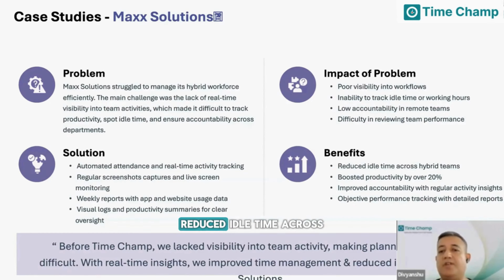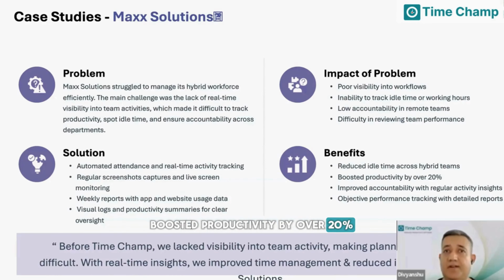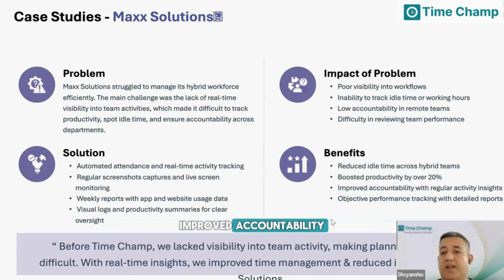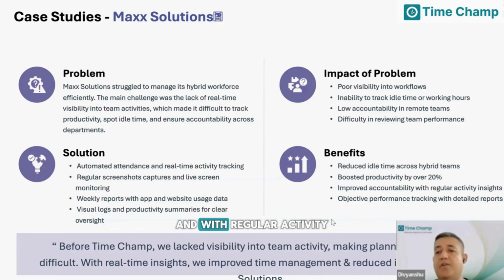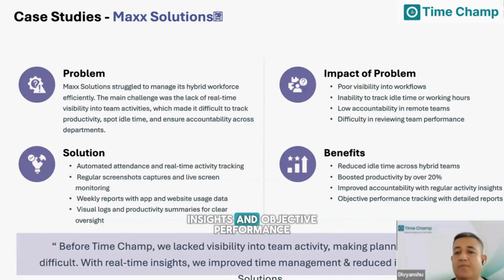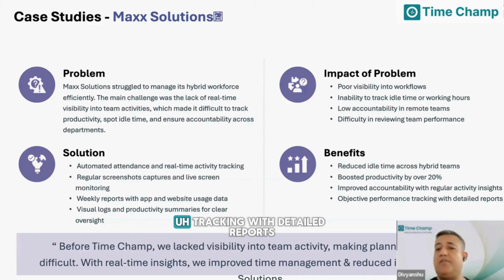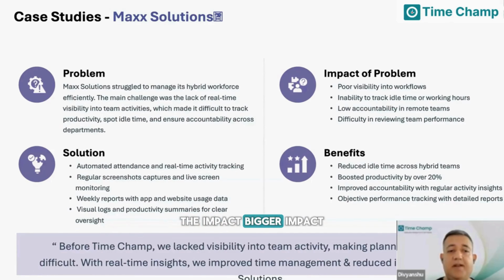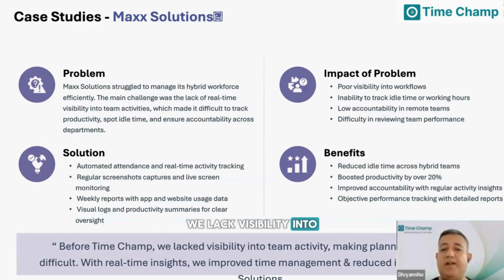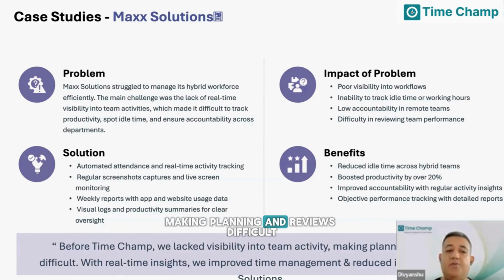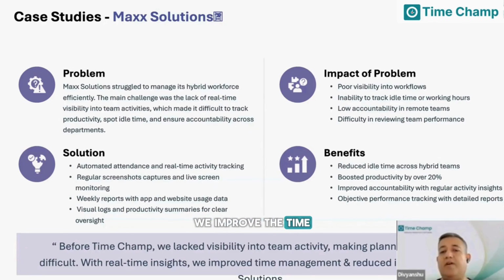Benefits: reduced idle time across hybrid teams, boosted productivity by over 20%, improved accountability with regular activity insights, and objective performance tracking with detailed reports. The bigger impact that they have to say is: before TimeChamp, we lacked visibility into team activity, making planning and reviews difficult. With real time insights, we improved time management and reduced idle hours.